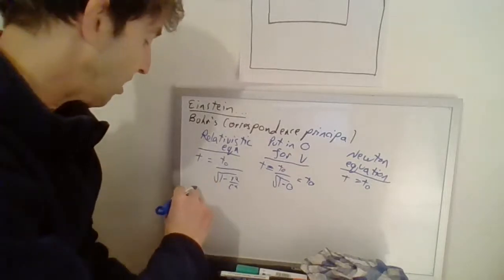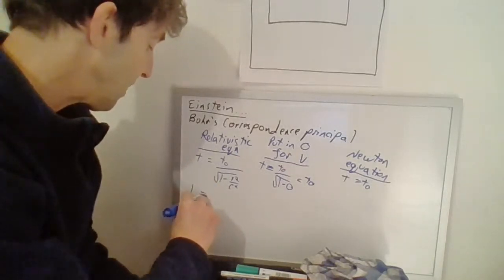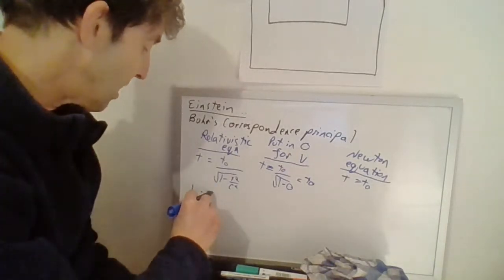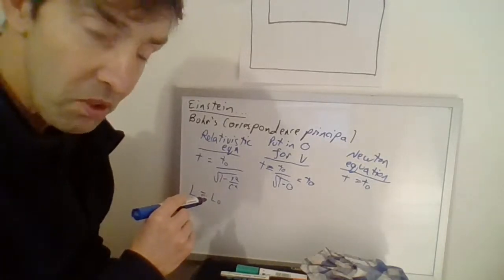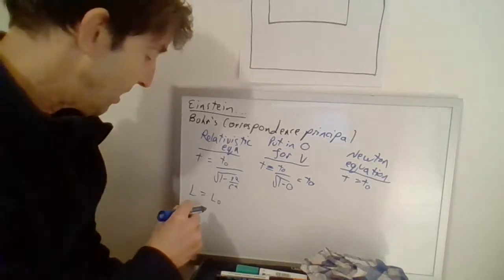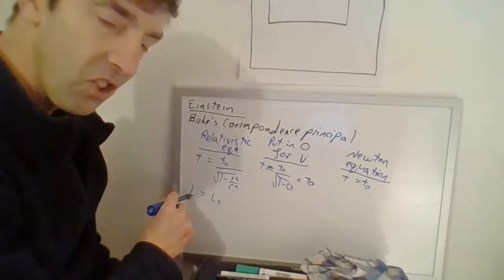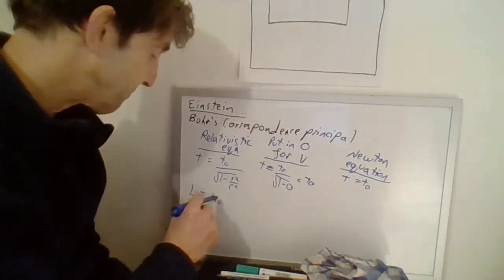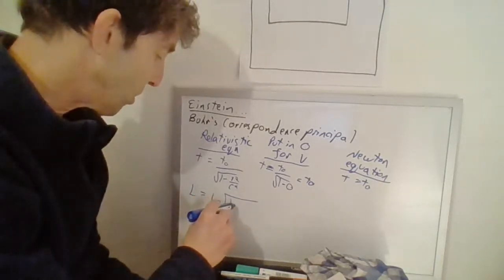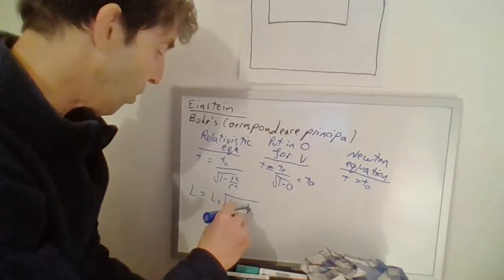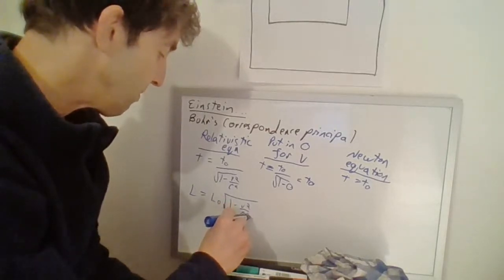Let's continue with length. I take the original length L0 as in a rest position. And then to get the length seen by an observer, I multiply by, you guessed it, square root of 1 minus v squared over c squared.